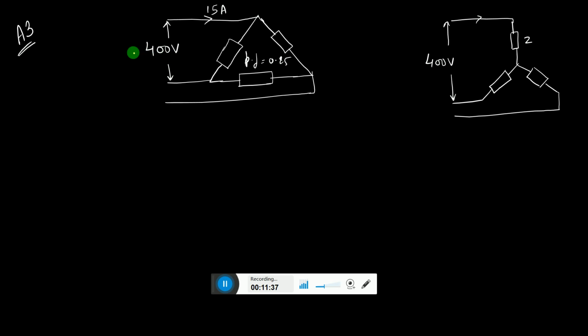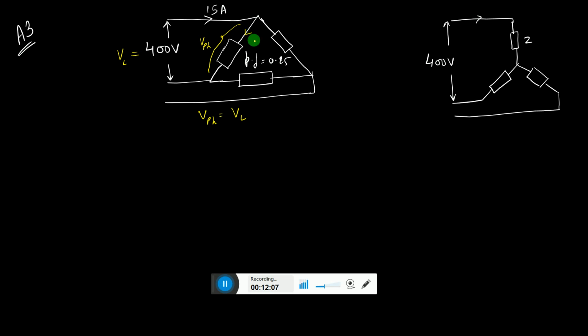Obviously this 400 is nothing but your line voltage. So in a delta connected load, the voltage across each phase or each load will be the phase voltage, and that is equal to the line voltage. So we can say in delta connected load, phase voltage is equal to line voltage.